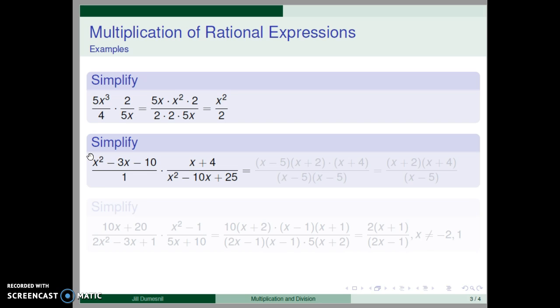We substitute x squared minus 3x minus 10 equals x minus 5 times x plus 2 in the numerator, and substitute x squared minus 10x plus 25 equals x minus 5 times x minus 5 in the denominator. One factor of x minus 5 cancels from the numerator and denominator. We're going to leave our final simplified answer in factored form to emphasize that no further simplification is possible.